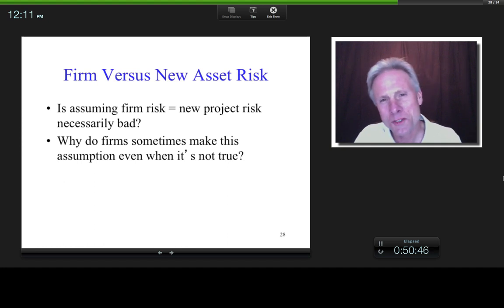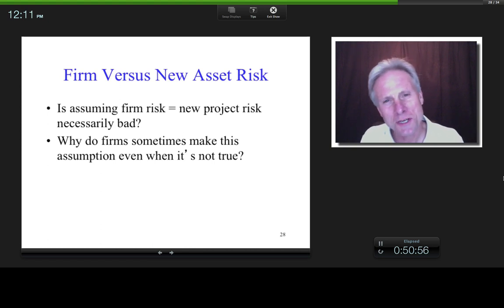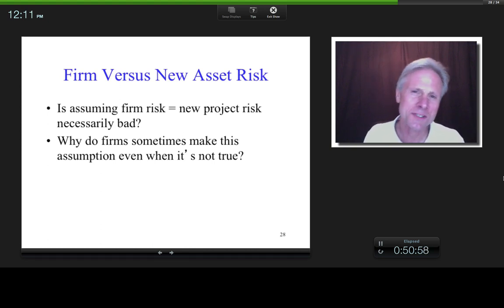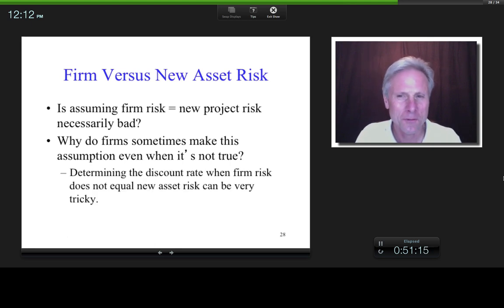Boeing has part of their business in defense and part of their business in commercial aircraft. Well, if you believe those risks are different, when you look at Boeing's stock price and what their bonds are trading for and so on and so forth, are they going to reflect a mixture of those risks, or just commercial aircraft risk? A mixture, right?